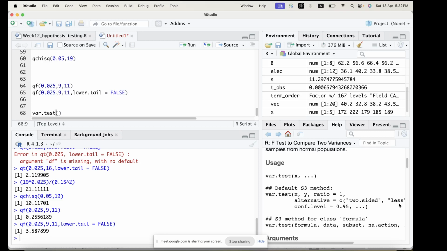So first we'll write treatment, then placebo, then we'll give greater, then the confidence level, and ratio equal to 1. Okay, and then it will readily give you the sample variances, ratio of the variances, F statistic, degrees of freedom for numerator and denominator, and p value. From that you can take a call.